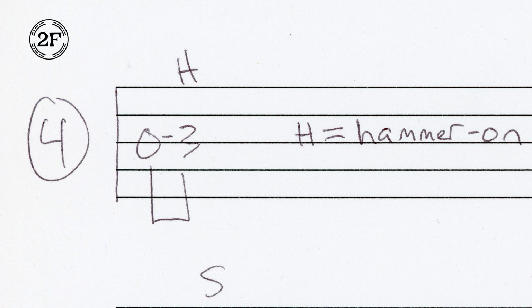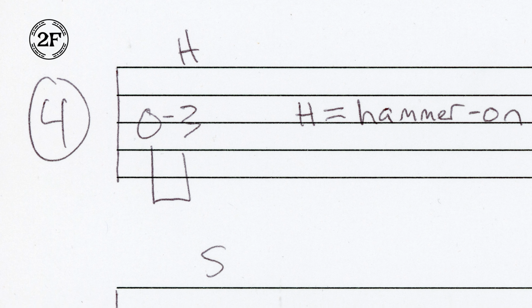Likewise, in number 4, this is how you'll see a hammer-on. You'll see a number, and then a dash, and then a higher number. That's a hammer-on. So in this case, it's open 3rd, hammering on to 3rd fret of the 3rd string.